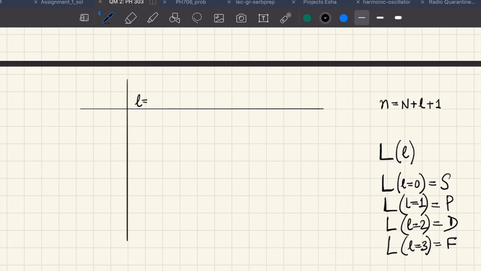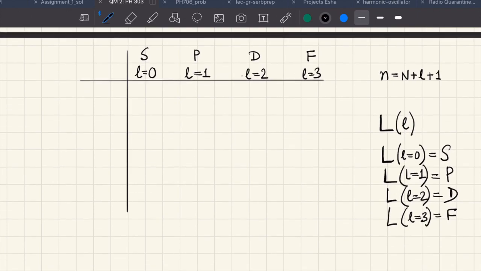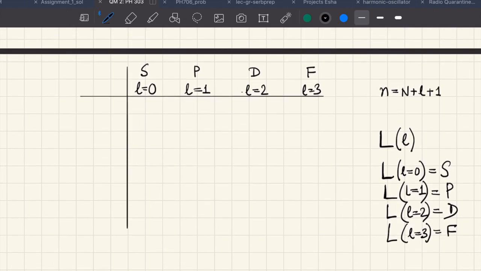So L values change along, if I may say, the x axis like this: L0, L1, L2, L3, and these are S, P, D, F, the spectroscopic notations which we have discussed earlier also. And then the n value increases along the y axis, if I may say. n equal to 1, n equal to 2, n equal to 3, n equal to 4, and it will go on like this.